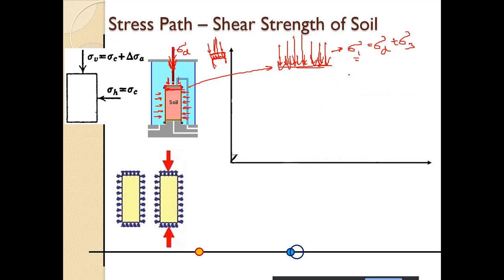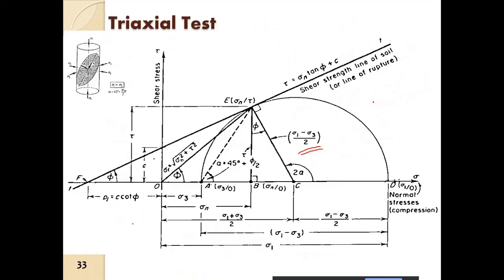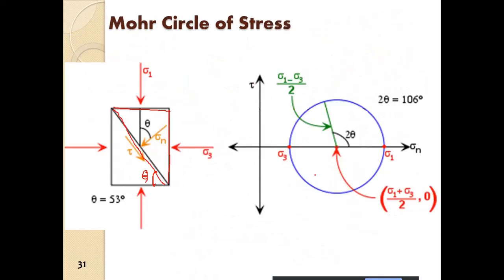So sigma d is equal to sigma 1 minus sigma 3. Now this is very important because this implies the diameter of this Mohr circle.